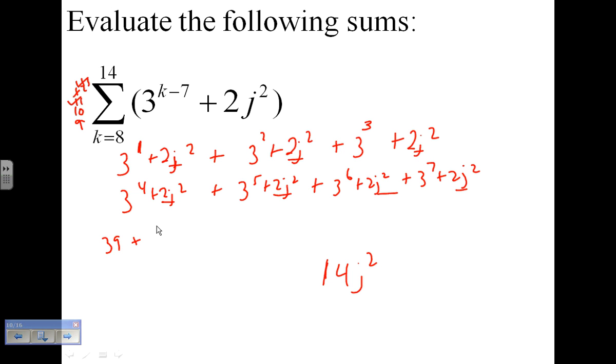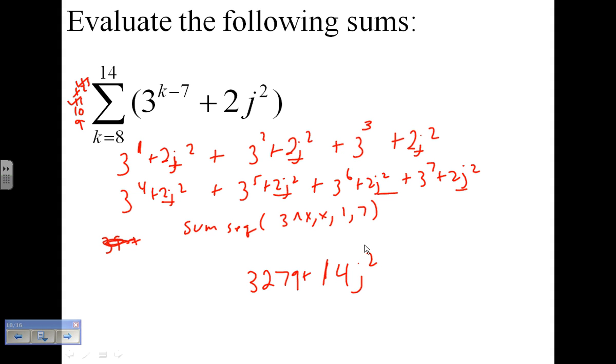plus, heck with it. I'm just going to use my calculator. Sum sequence, 3 to the x, 1 to 7. There you go. How's that? I already got it up here on the calculator, so it's not that big a deal. 3 caret x, comma, 1, comma, 7. 3279 plus 14j squared.